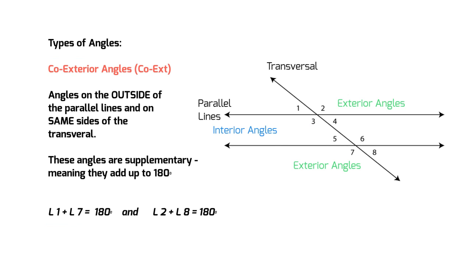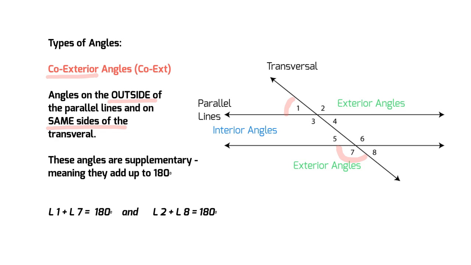We have a similar relationship with co-exterior angles, meaning they're on the outside, but they're on the same side of the transversal. So here, I'm focusing on my outside angles. Angle 1 is on the left side of the transversal. Angle 7 is on the left side of the transversal.